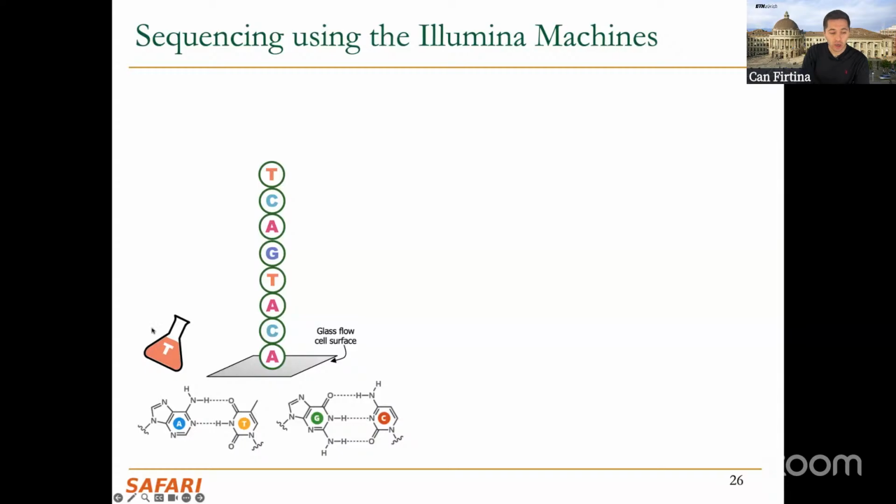So imagine you have many single T bases floating around the region of this DNA. And we will also have an enzyme that we call DNA polymerase, which is responsible for constructing the other strand, copying one strand of DNA by looking at the other strand, right?